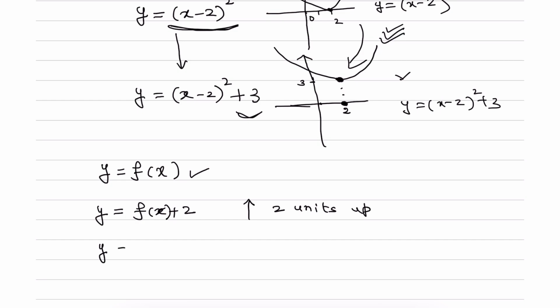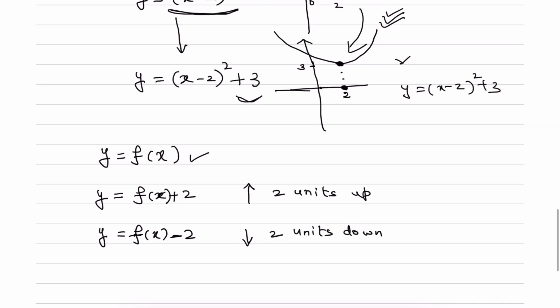And if you have to sketch the graph for f of x minus 2, remember you are subtracting 2 from the complete function, so your graph comes 2 units down. You always start shifting your graph from the origin.